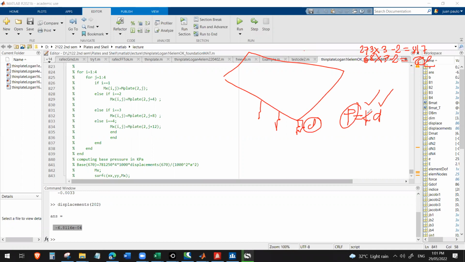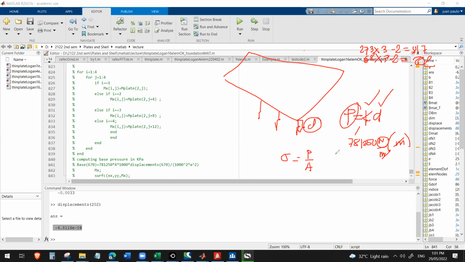The spring stiffness is 78,150 kilonewton per meter. With the known displacement in meters, you can get the force at each spring. Therefore, to get the pressure, simply, pressure is force over area.